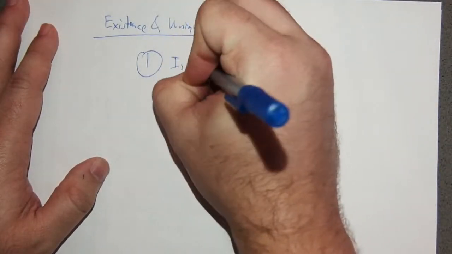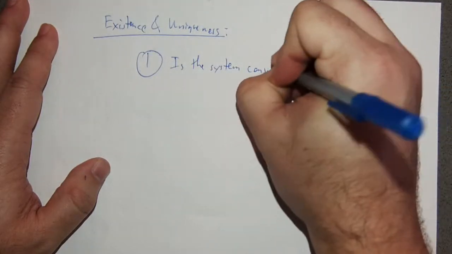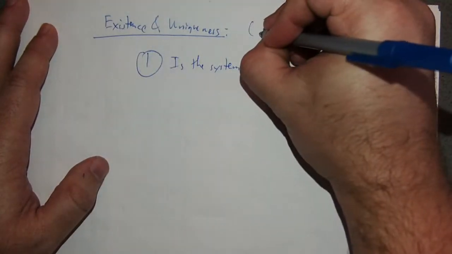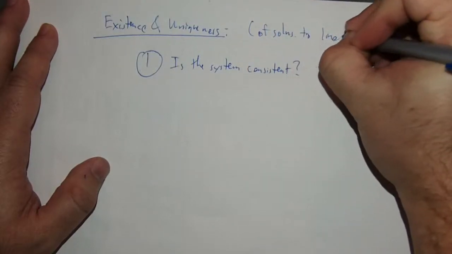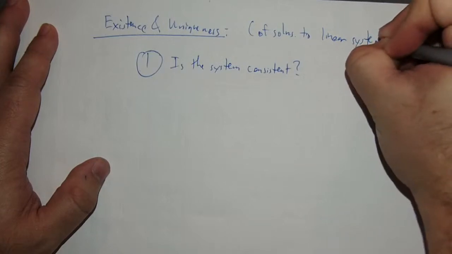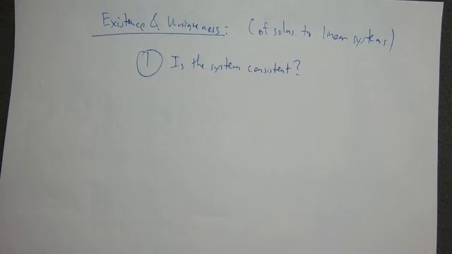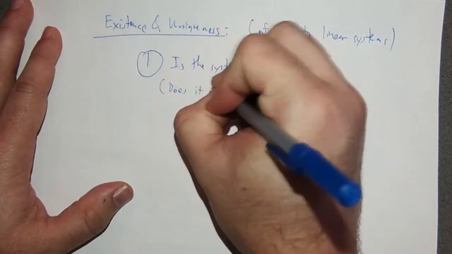So this is existence and uniqueness of solutions to linear systems. One, is the system consistent? What does that mean? Remember what we said consistent means? That means at least one solution. So does it have at least one solution?